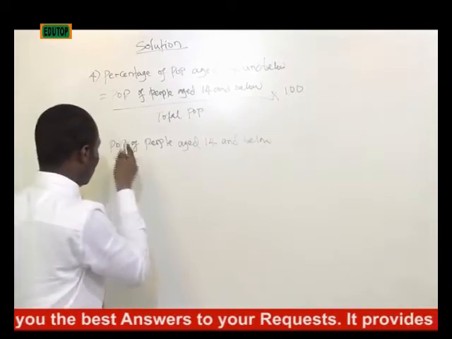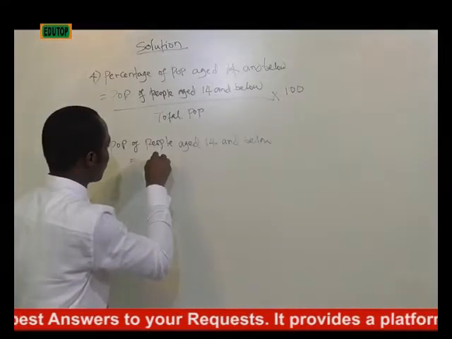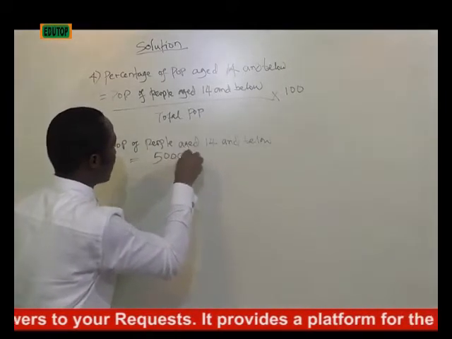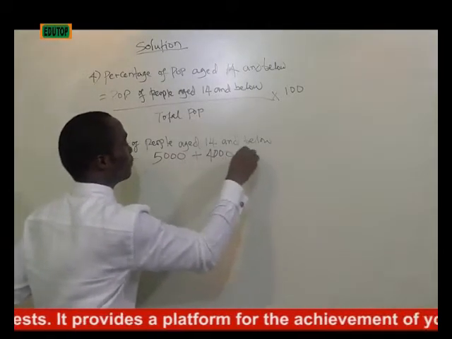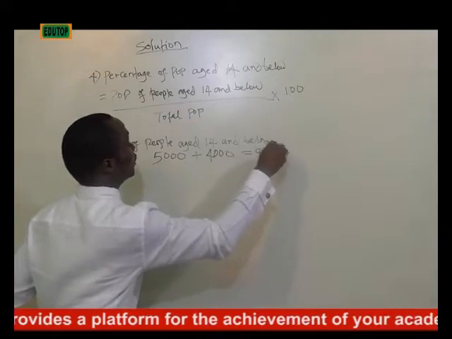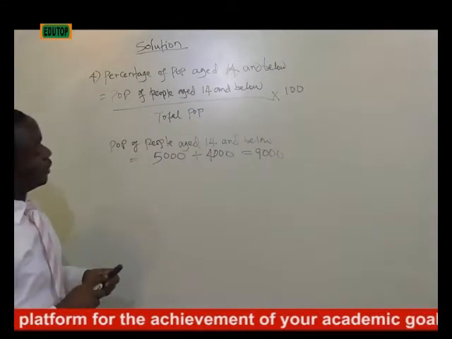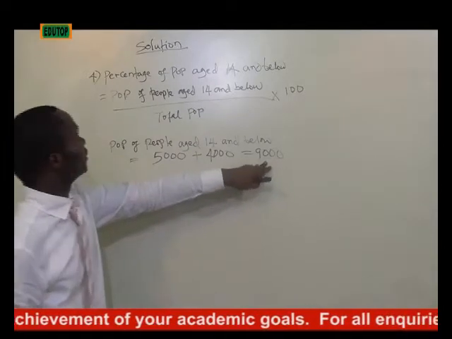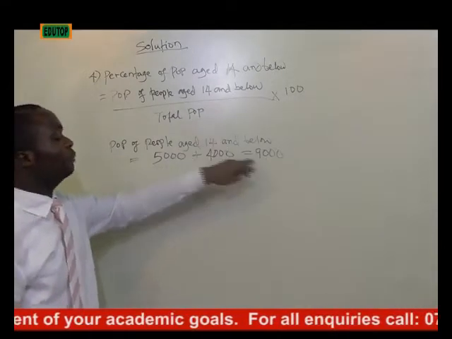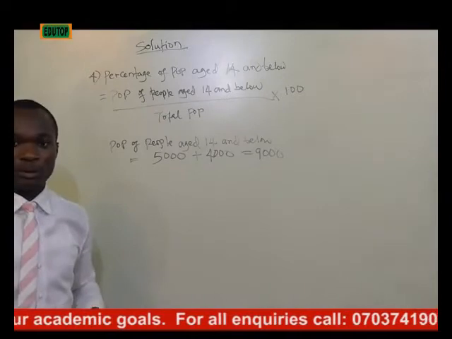So this will be 5,000 plus 4,000. This will give us 9,000. So this is the total number of people aged 14 years and below, according to the question.